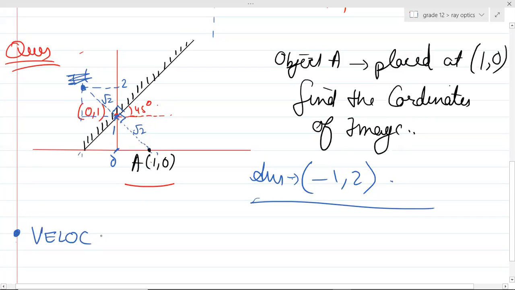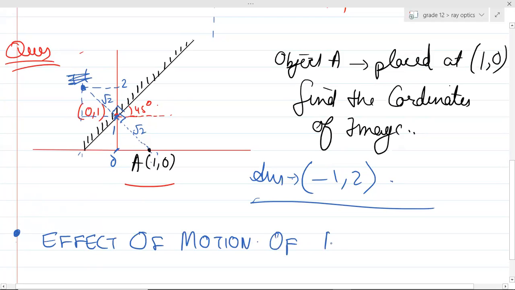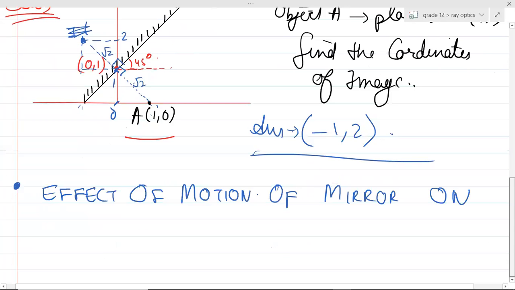Please write down: effect of motion of mirror on velocity of image.